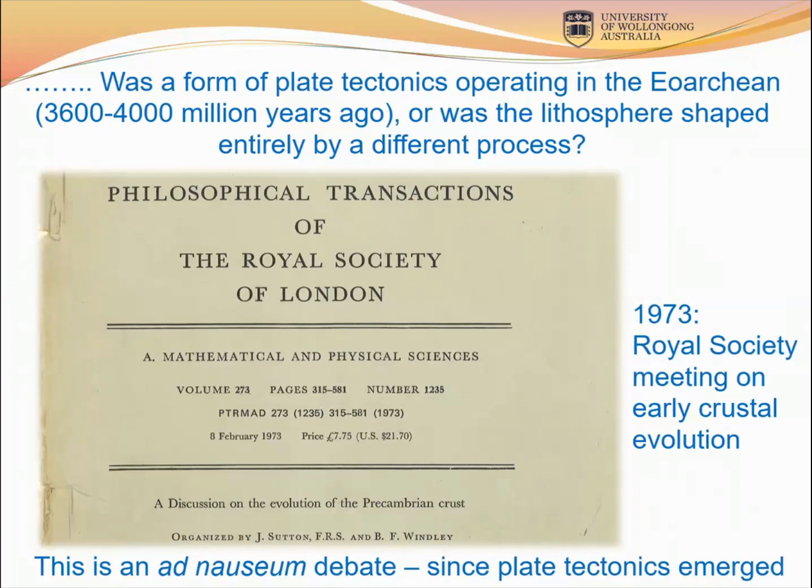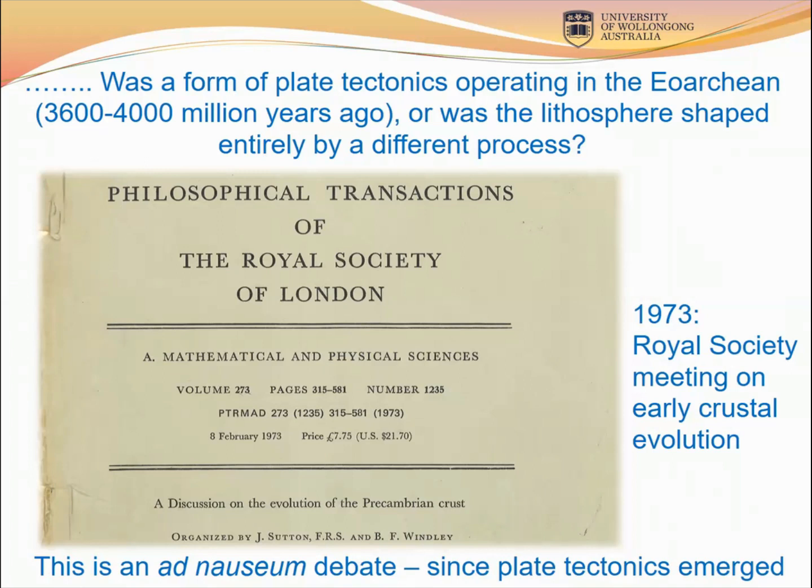So this gets on to the plate tectonics scenario. What sort of plate tectonics was operating in the Eoarchean? Was there some form of plate tectonics, or was the lithosphere shaped entirely by a different process? And this is a debate which has been going on forever and ever, basically.